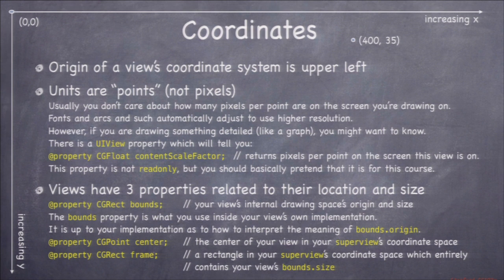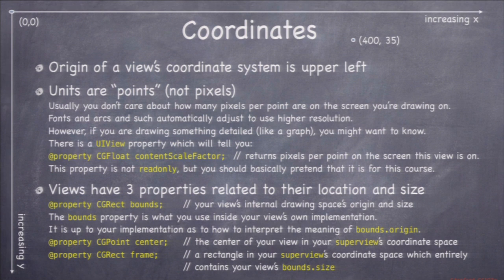But more importantly, there are these properties that talk about the position and extent of your drawing system, okay? And it's really important to understand the difference between these properties. First, you have this CGRect property bounds. That is the origin and width and height of the drawing area in your own coordinate system. Your own coordinate system, the coordinate system you are drawing in and handling touch events in, okay?